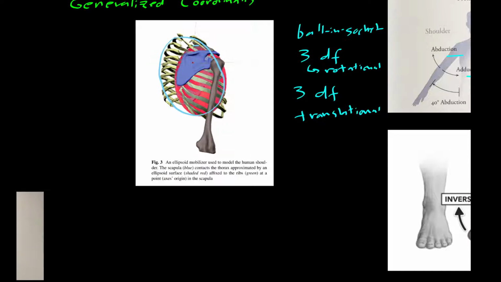On the Earth, we have latitude and longitude as coordinates. So you could think about the position of the scapula as going up and down on the surface of the rib cage, or left and right on the surface of the rib cage. So we can collapse this to just 2 degrees of freedom of sliding around on here.